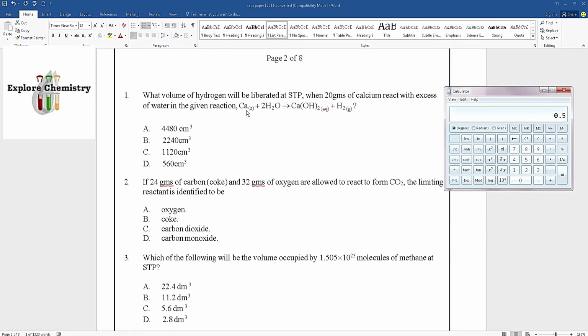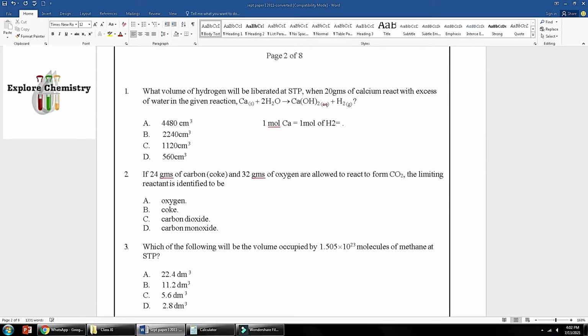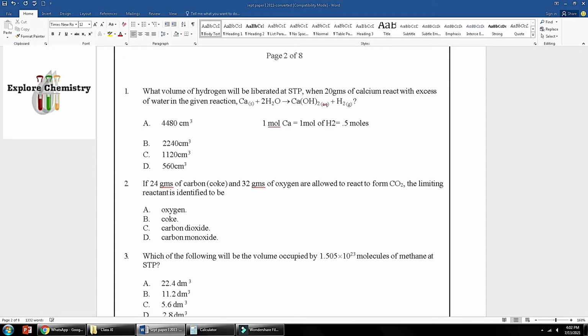So now 0.5 moles of calcium are reacting in this equation, and according to the equation 1 mole of calcium is equal to 1 mole of hydrogen gas, and if you have 0.5 moles you will get 0.5 moles of hydrogen.